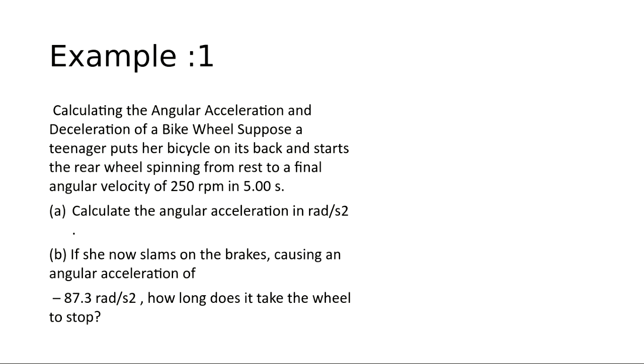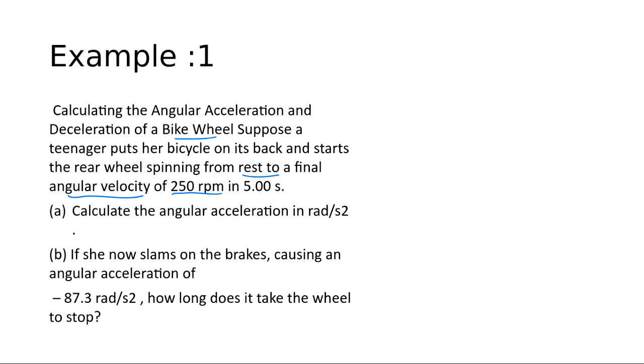Now let us look at one of the examples: calculating the angular acceleration and deceleration of a bike wheel. Suppose a teenager puts her bicycle on its back and starts the rear wheel spinning from rest to a final angular velocity of 250 revs per minute.